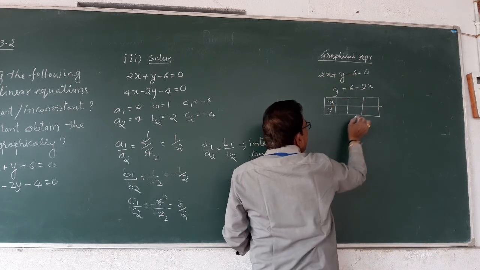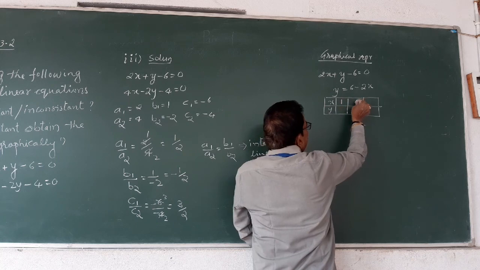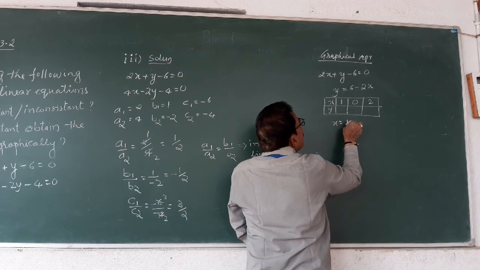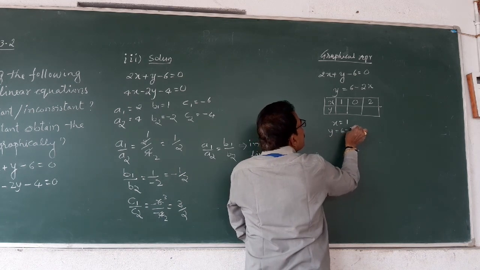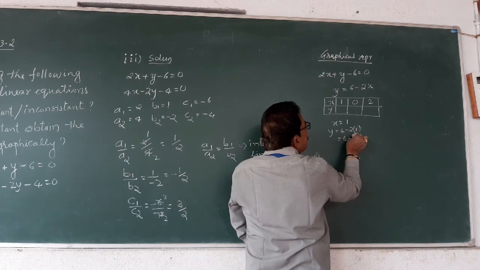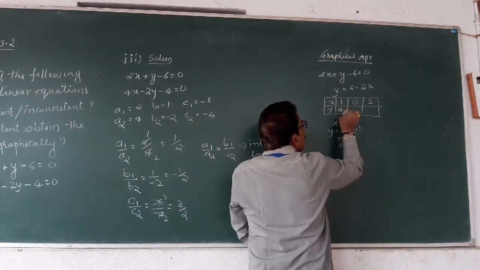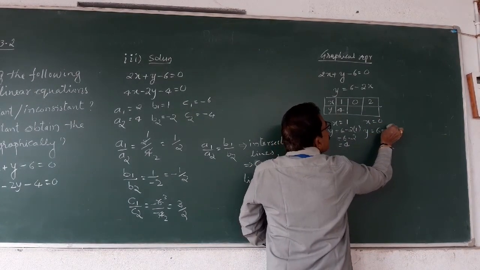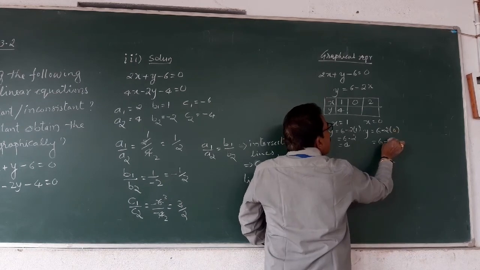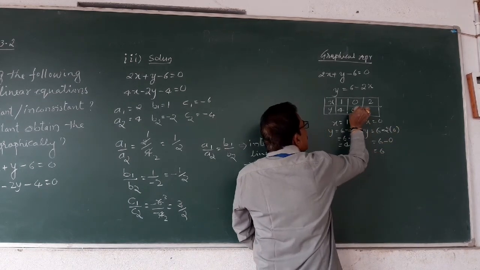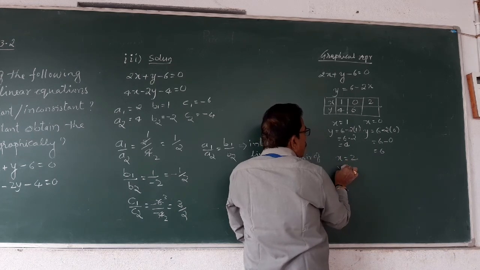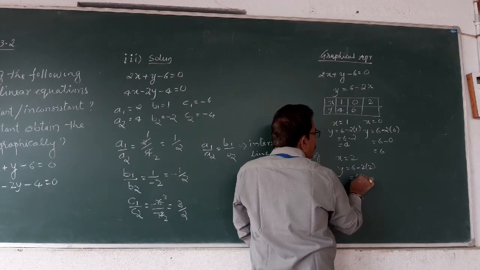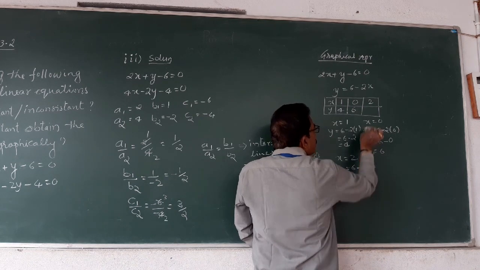Let us consider only 3 values. x equals 1, y equals 6 minus 2 into 1, that is 6 minus 2, which is equal to 4. x equals 0, y equals 6 minus 2 into 0, 6 minus 0, that is equal to 6. x equals 2, y equals 6 minus 2 into 2, 6 minus 4, that is equal to 2.